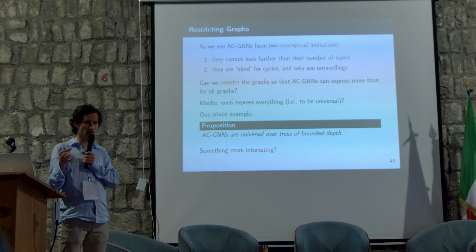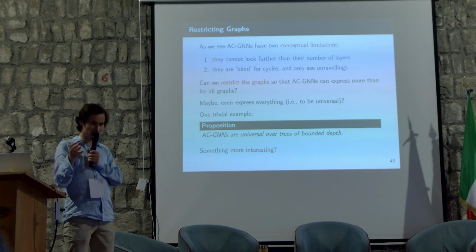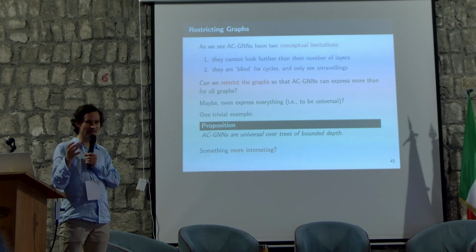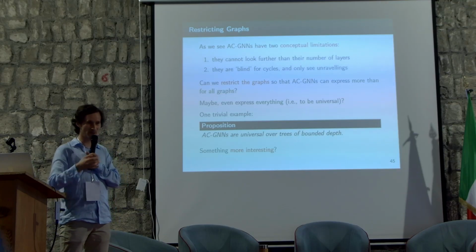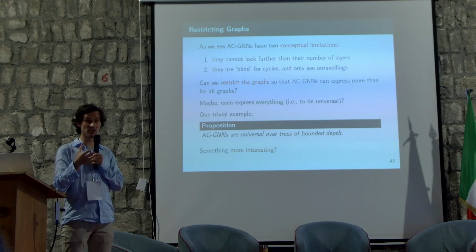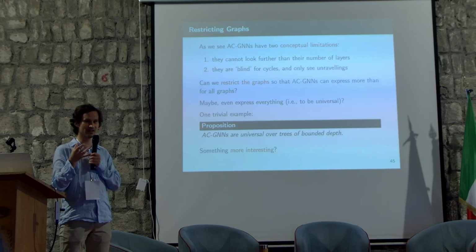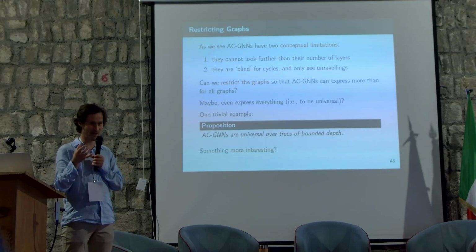Since we're in a neural world, exact capturing in terms of expressibility is a bit of a stretch. In theory it's nice, but in practice, who cares, right? In the neural world we want to approximate stuff. A good notion of approximation on graphs is actually still to come, I would say.